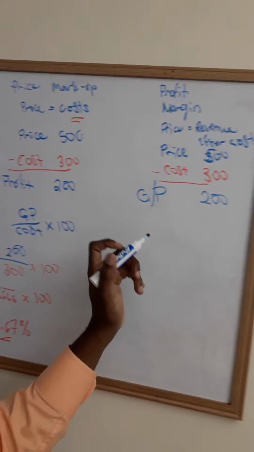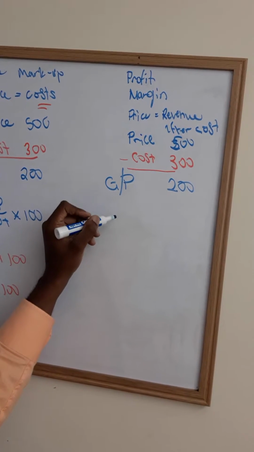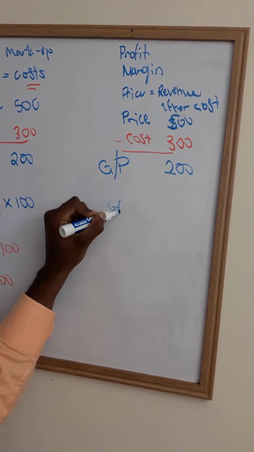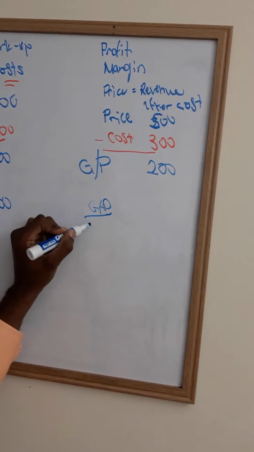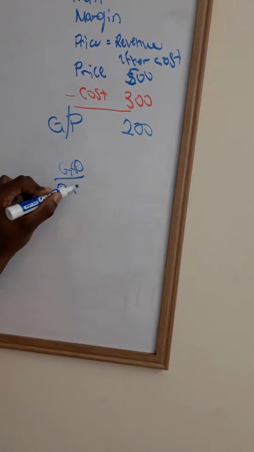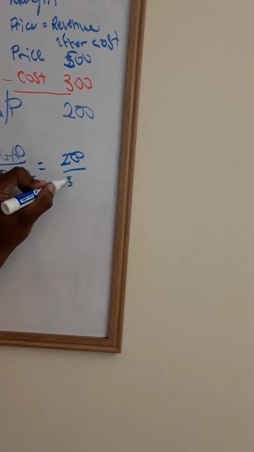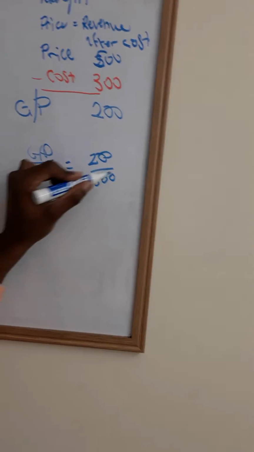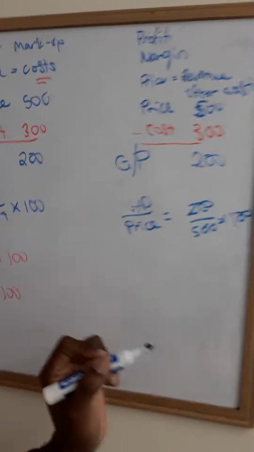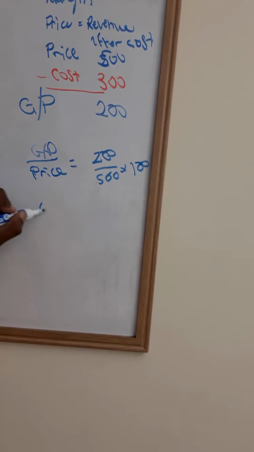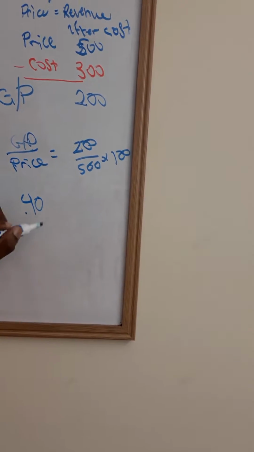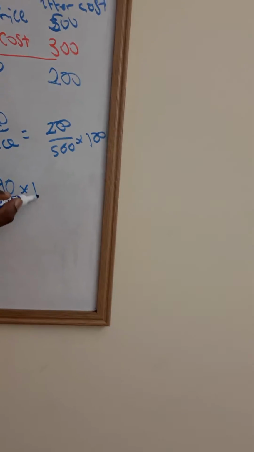My gross profit, GP, in relationship to our revenue, our price. Now we're able to see we have $200 over our 500, and that times 100, because we're doing percentage again, we see that we have 0.4 times 100.